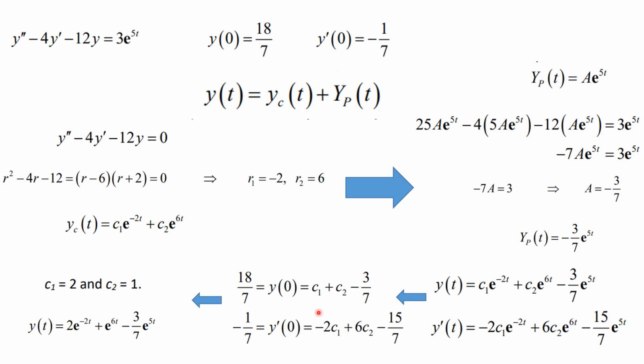You know how to solve those, and when you solve those, you'll get C2 is 1 and C1 is 2. That means the unique solution to this non-homogeneous equation is y of t is equal to 2e to the minus 2t plus e to the 6t minus 3 over 7 e to the 5t.